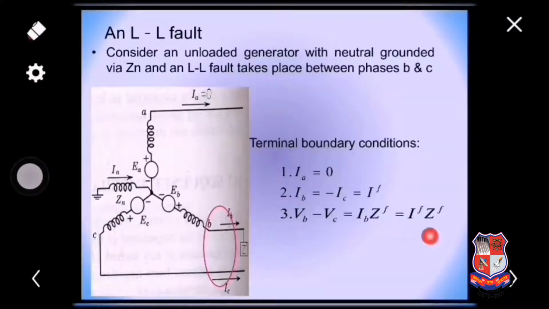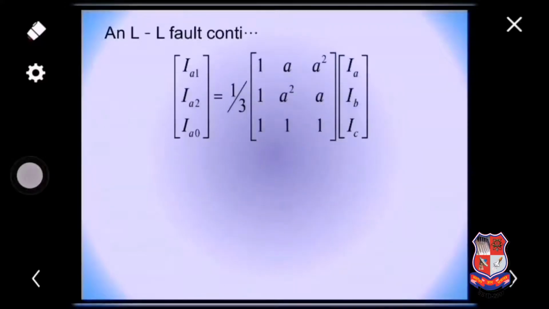Do mind well, if ZF is 0, meaning phase B and phase C are shorted directly, then definitely VB equals VC. But here ZF is not considered 0. Now let us use symmetrical components to derive the further parameters. Let us use sequence components and the boundary conditions.